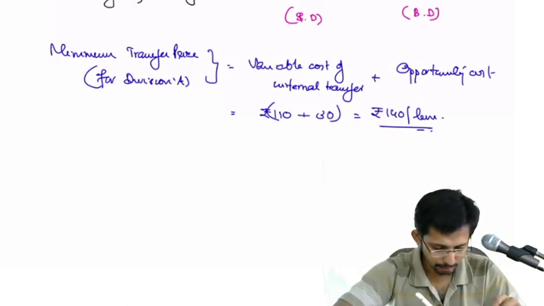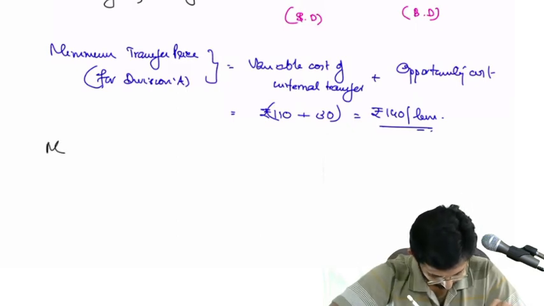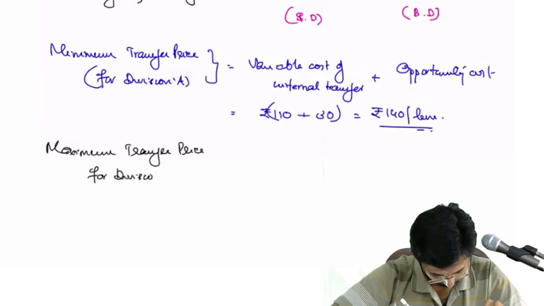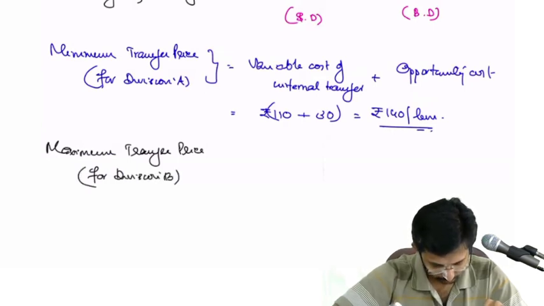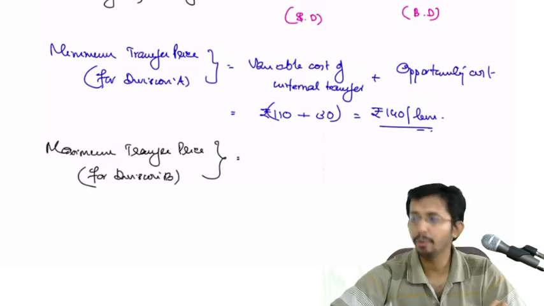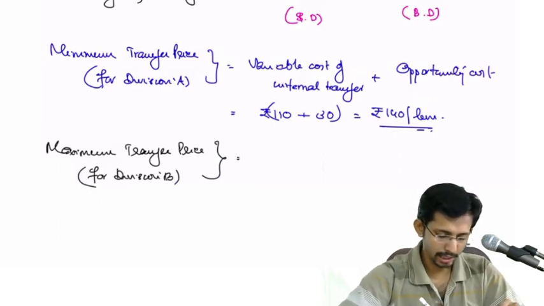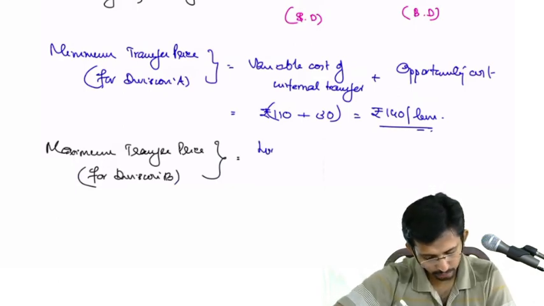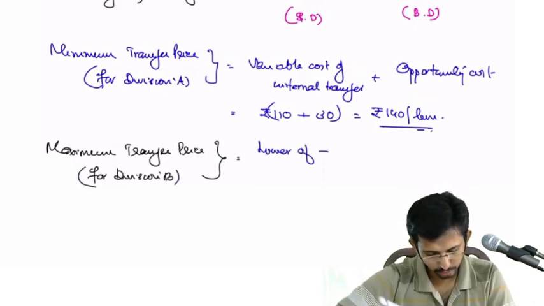Now maximum TP. How do you compute the maximum TP? Maximum TP from the perspective of the buying division is the lower of two things.